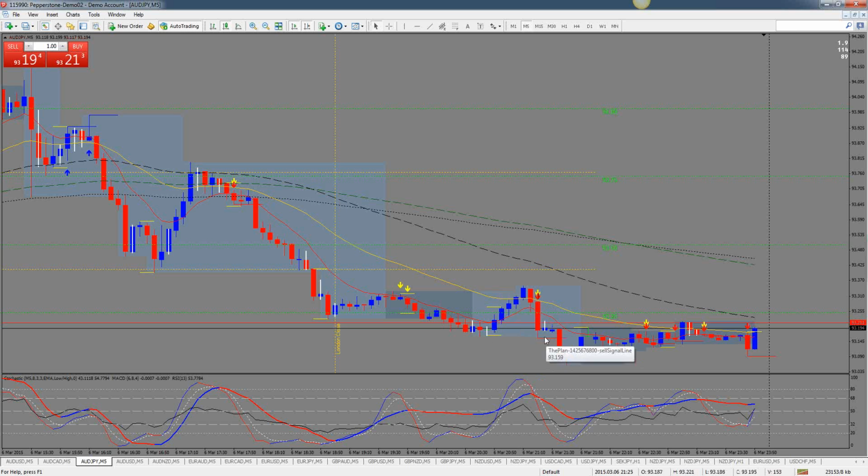This fractal wasn't created yet, so I might not even enter this trade because it's right at the bottom of the box. Because this fractal wasn't created yet at that point in time, if it's at the bottom of the box, my likelihood is I probably won't take the trade.